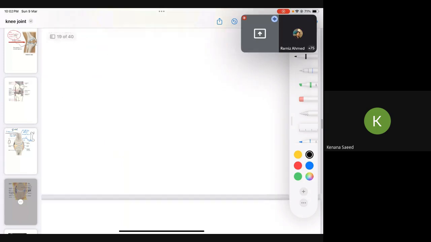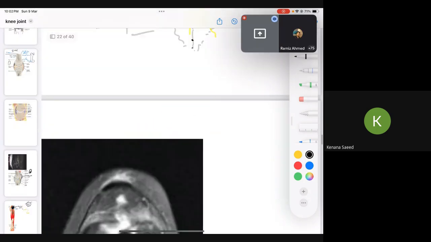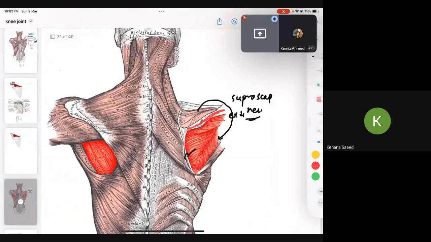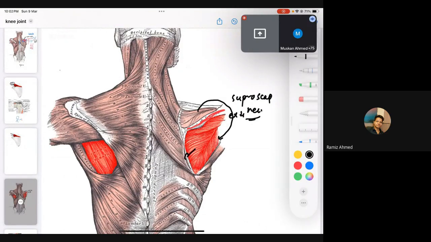Can anyone tell me the next muscle, infraspinatus? Where is it present? Below the spine of the scapula. And what's the function of this muscle? External rotation, and abduction a little bit, right? Can you tell me the innervation?